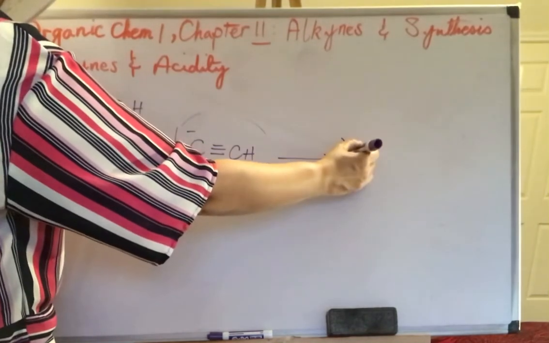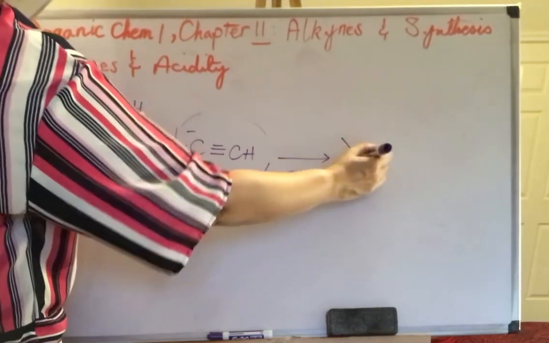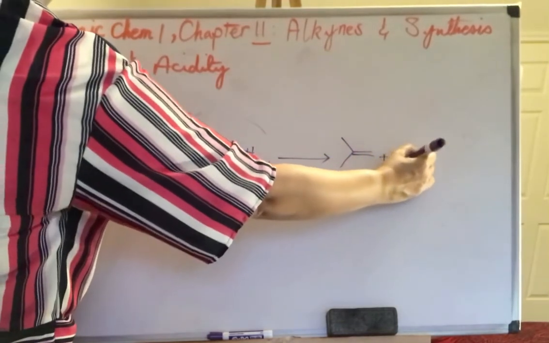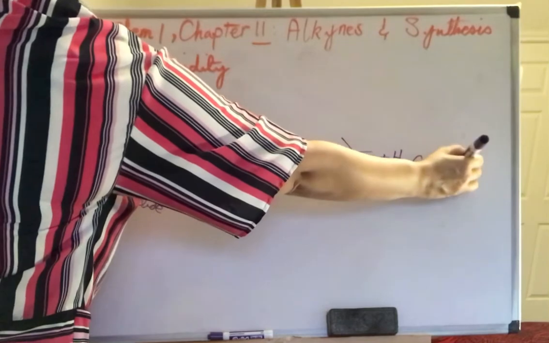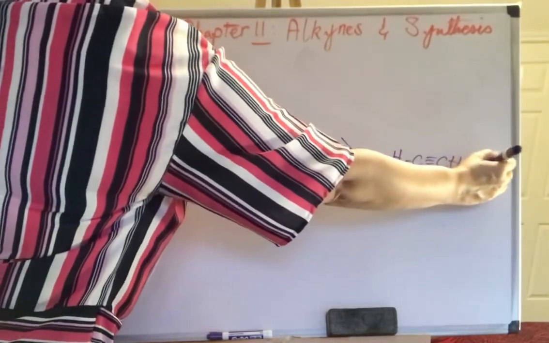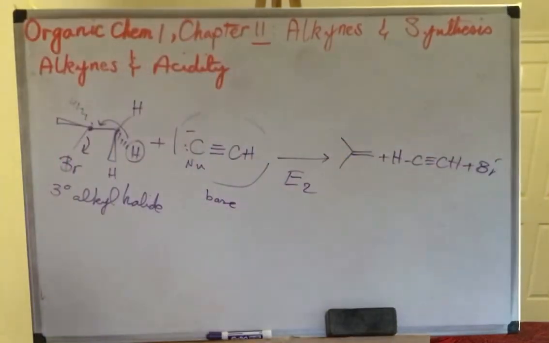So we end up having CH2 here and the rest of the products. This is going to grab the hydrogen to form this, and the bromide is going to leave. It's as if you're in the kitchen, you want to make chicken soup but end up having cake, right? Totally different. They're both yummy, but this is not what you were expecting to get.